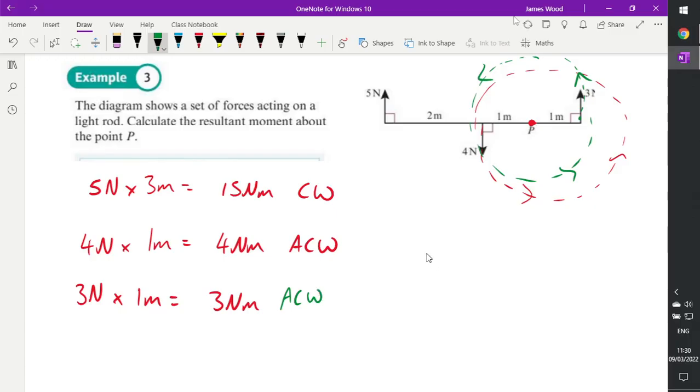So in total, we've got 15 clockwise, and then we've got 7 anti-clockwise. So obviously that is then 8 Newton meters clockwise is what will happen overall. That'd be the resultant moment.